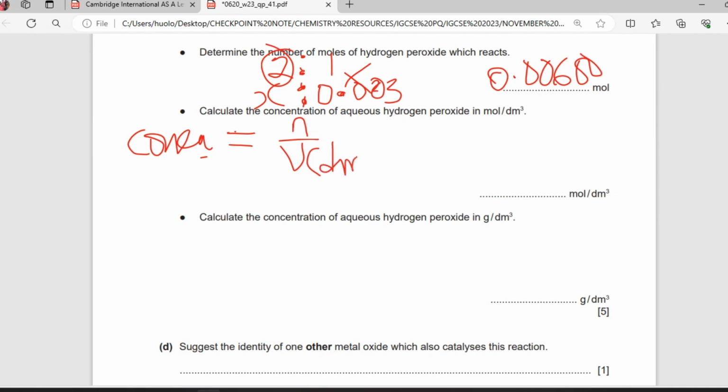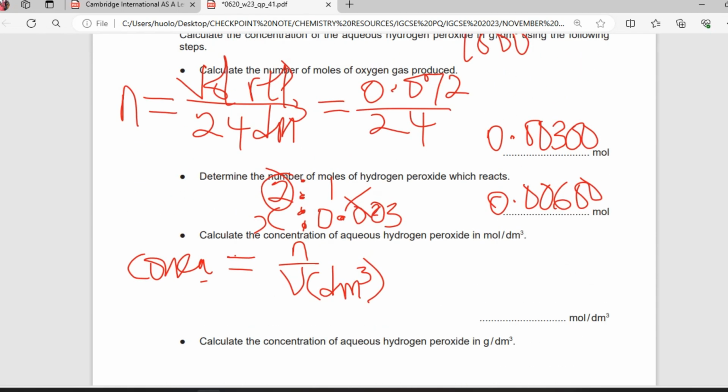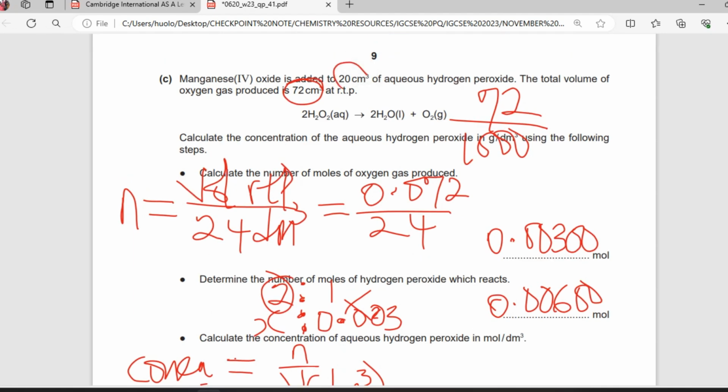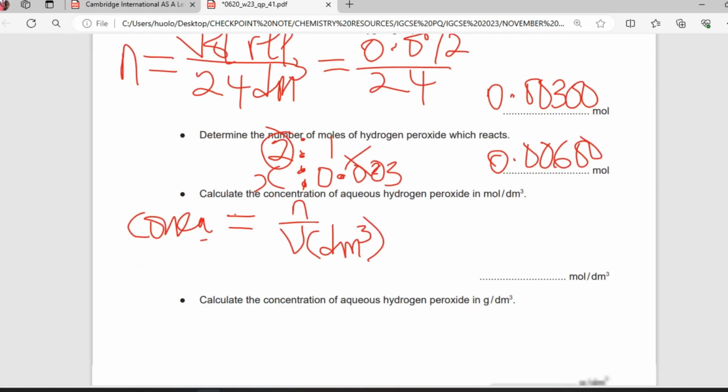The volume of hydrogen peroxide that was used, from our question, was 20 cm cube. So we convert 20 cm cube to dm cube.